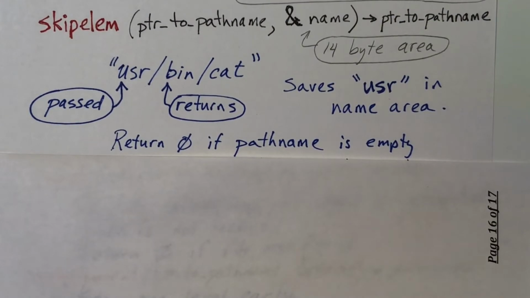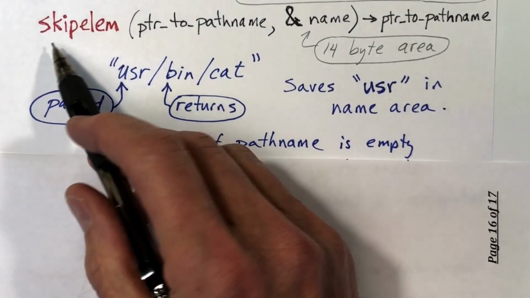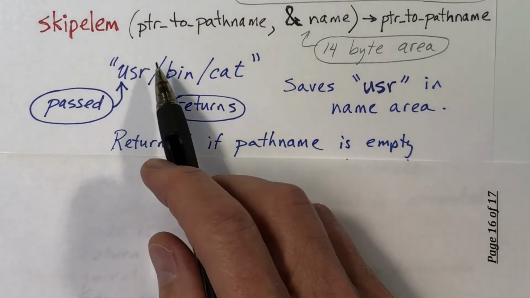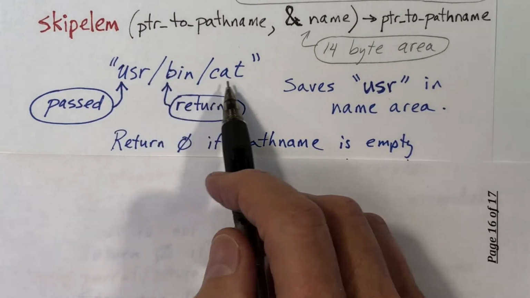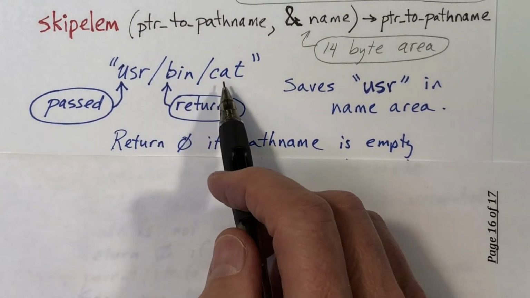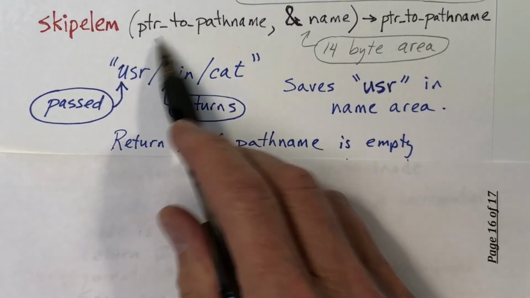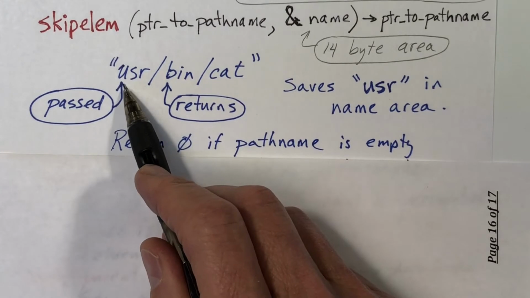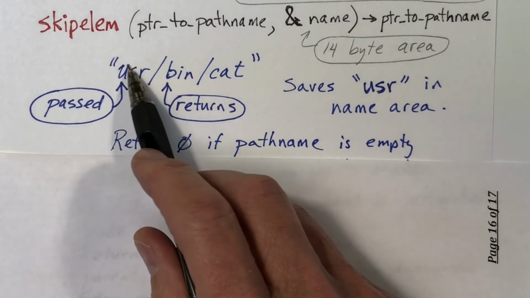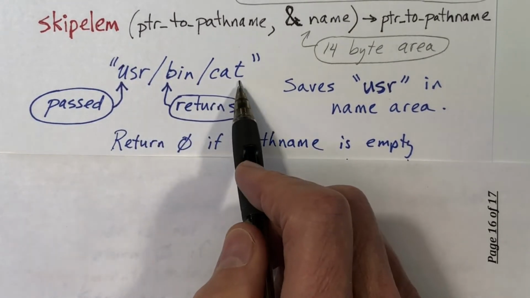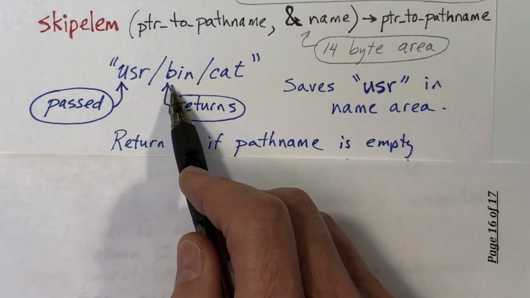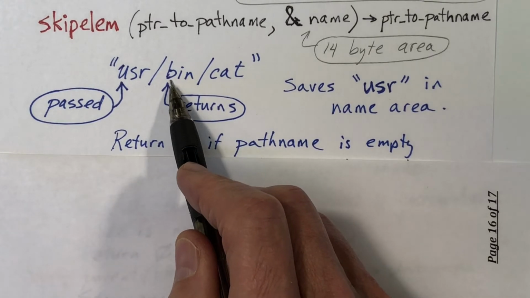In order to open a file, we need to be able to deal with path names. The next function we want to look at is called skip element. This is purely a string processing function and helps us parse a path name. It doesn't involve inodes at all. It's passed a pointer to a string containing a path name, such as this one right here, and it will identify the first file name in that path, advance the pointer to the second file name, and return a pointer to the second file name.